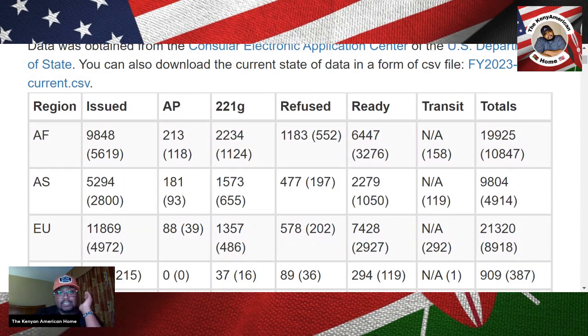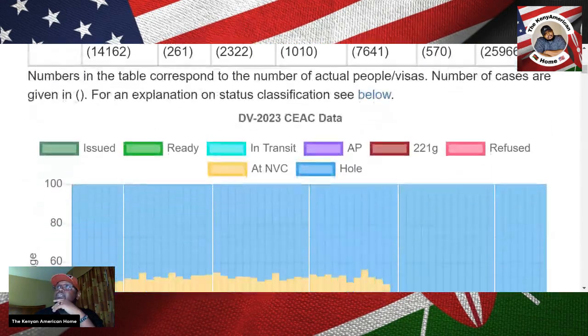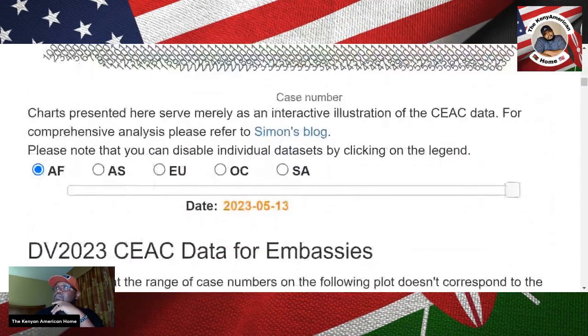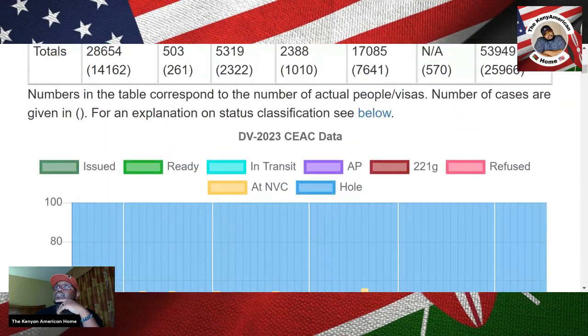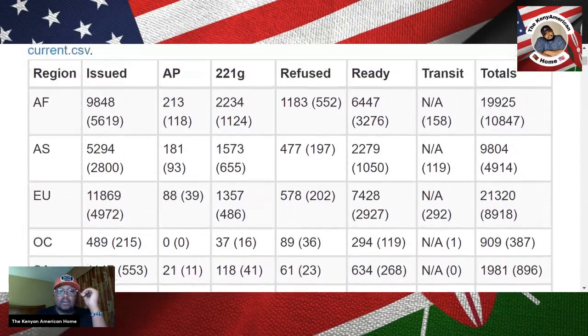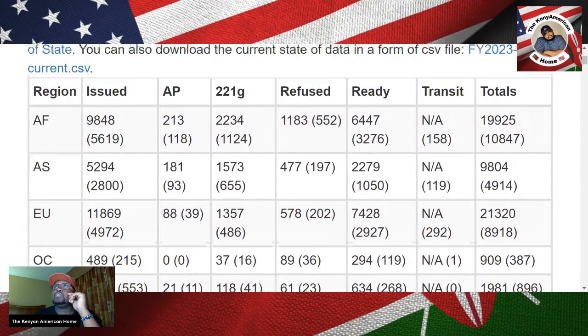That's the number of people. The cases that have been processed in Africa are 5,619 up to today. We still have about four and a half months to September 30th.